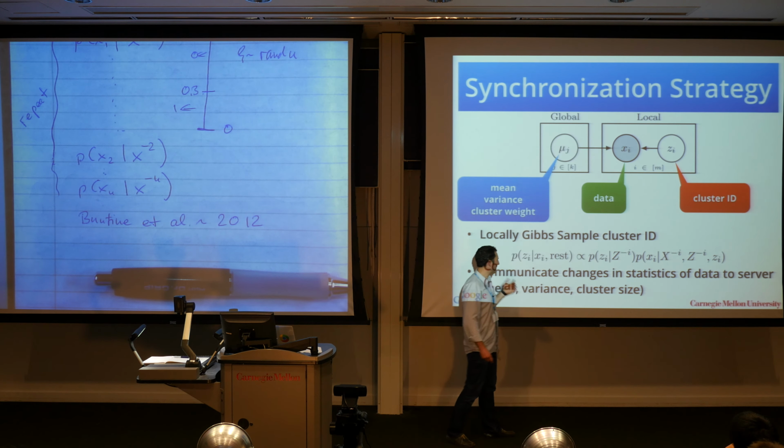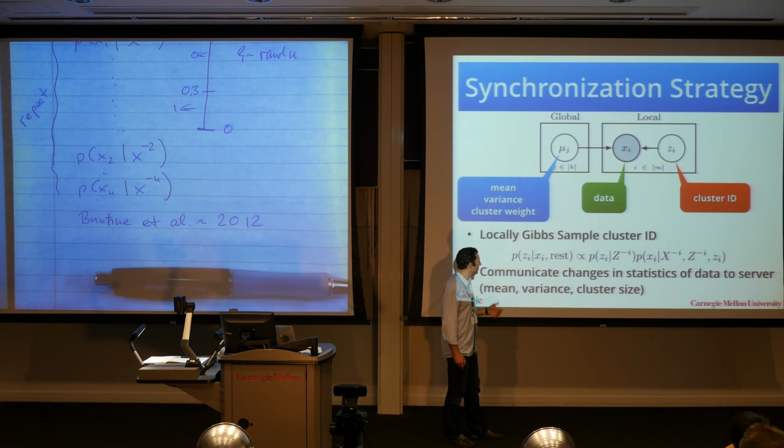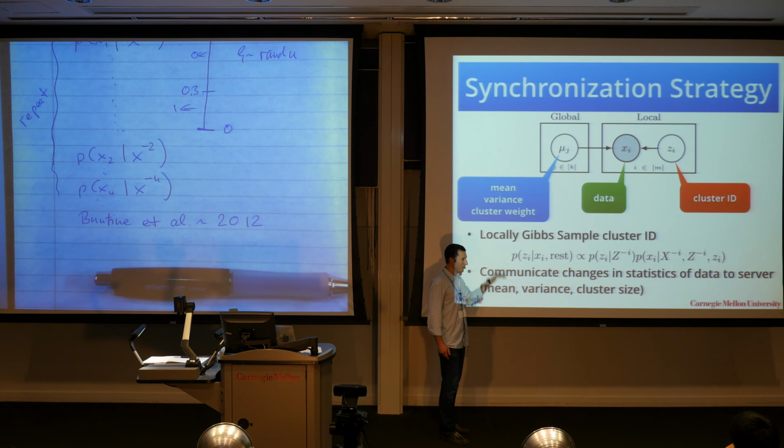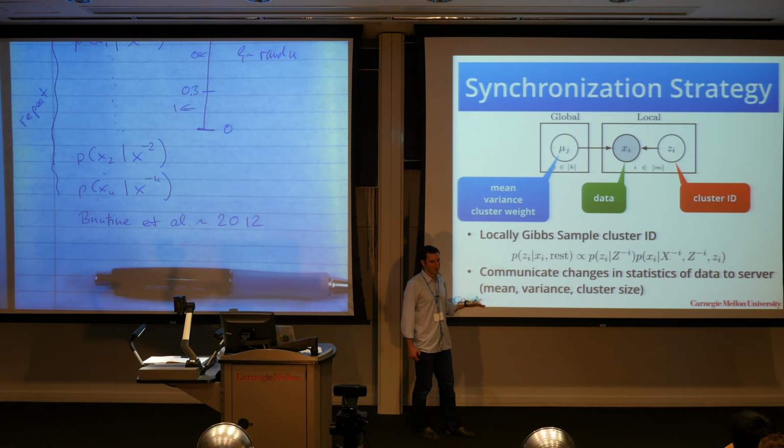But it basically means I go and resample one cluster ID at a time. And now I'm going to make an approximation. It's quite a severe approximation, except that it's actually fairly benign in the big data scenario. So don't try this with 10,000 samples, because the algorithm will fail miserably. Try it with 10 million, a billion samples, and it'll actually work very nicely.